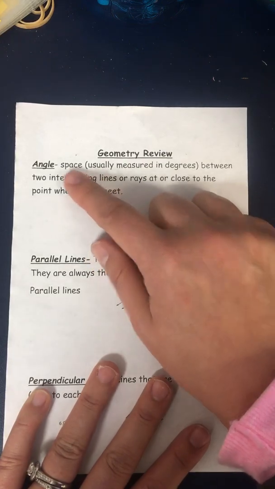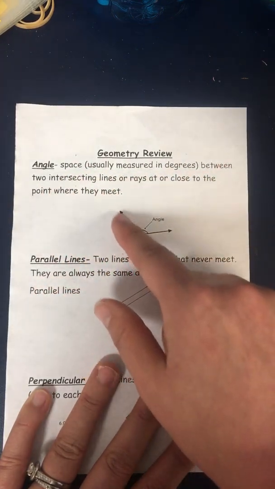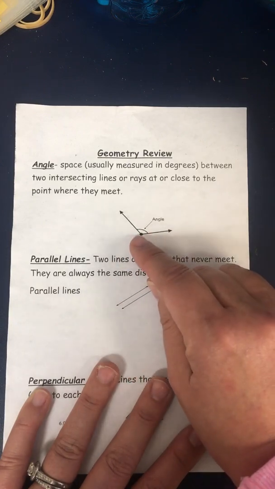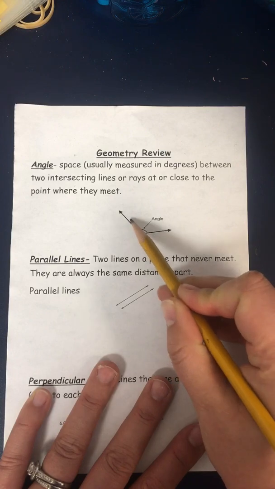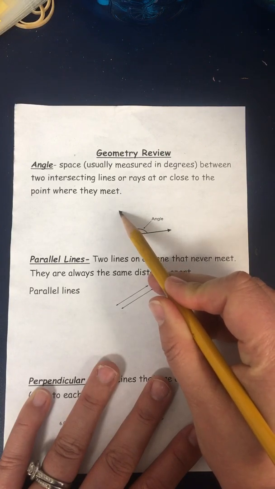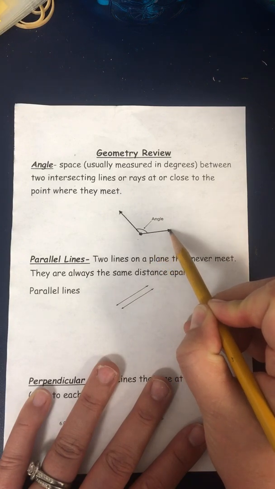Let me read that again. It's the space between the two intersecting lines or the rays. Okay, so here's an end point right here. Let me get my pencil. This is an end point. It goes on and on this way, so this is a ray without ending. So that's a ray. Here's an end point and it goes on and on this way.